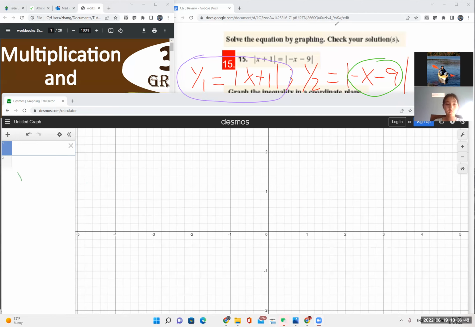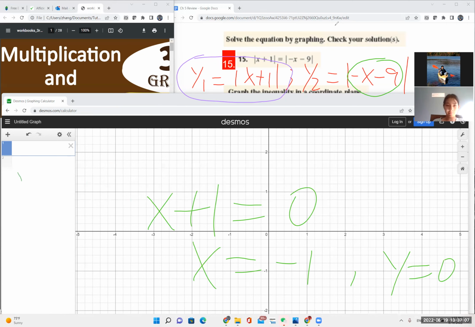Just now, we let x plus 1 go to 0. So x equals negative 1. Remember, when x equals negative 1, of course, y equals 0, right? So we found the vertex here, remember?